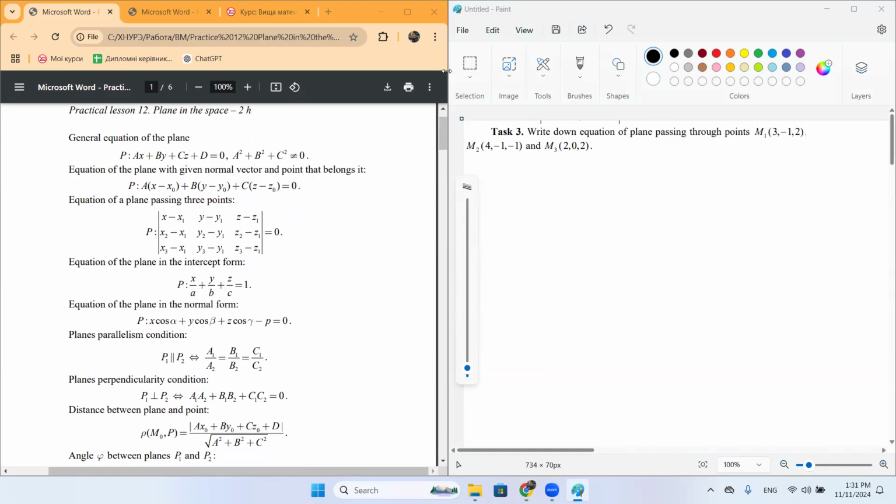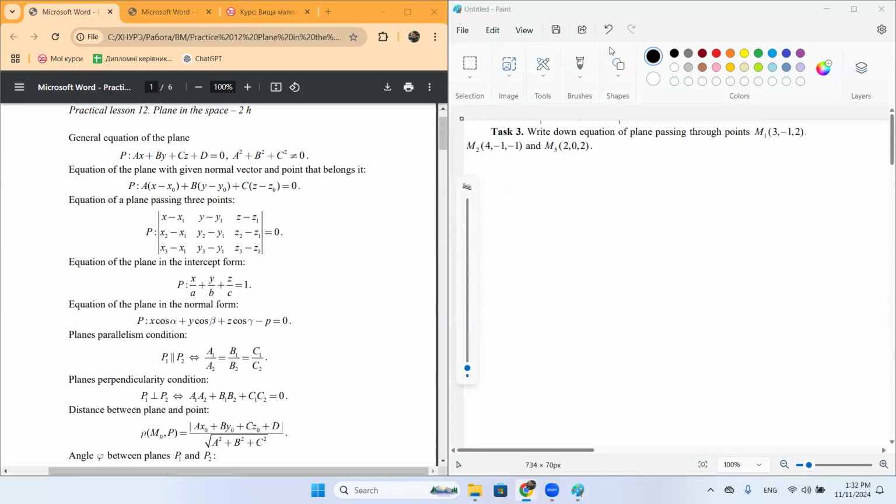And I saw another suggestion. Yeah, somebody else raising a hand. So maybe we can go in a simpler way. I thought that we could use the equation for a plane that passes through 3 points, but actually I think it is the same.